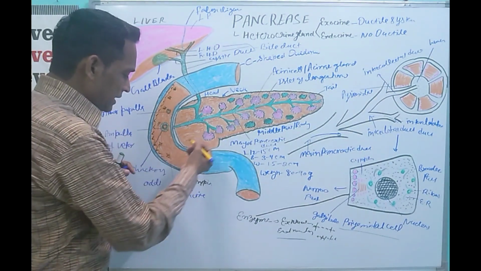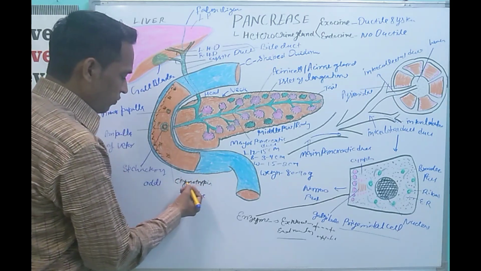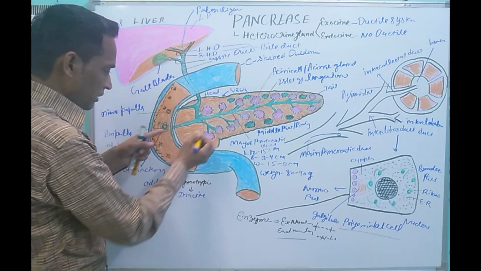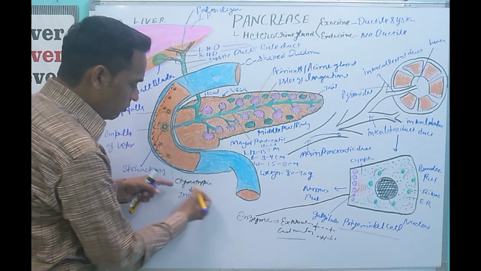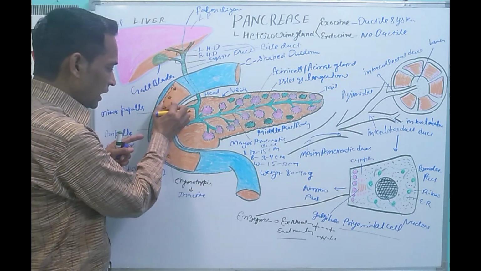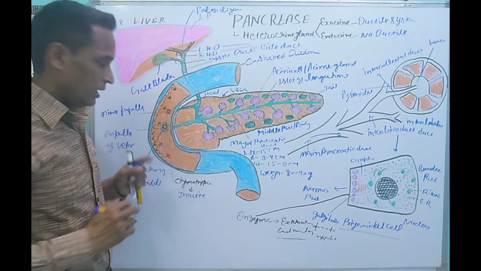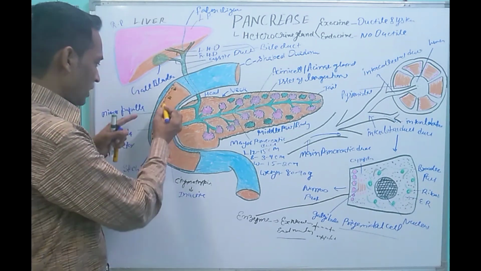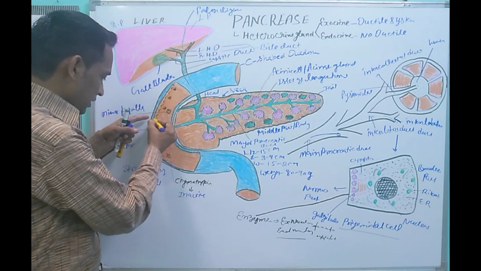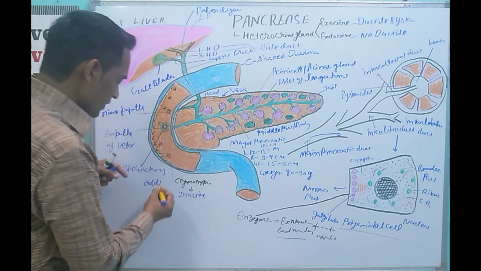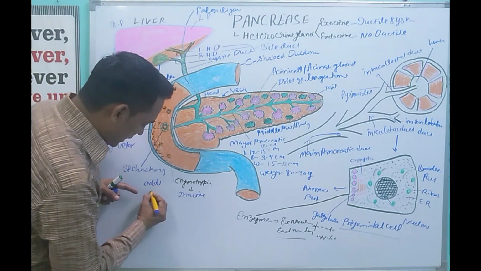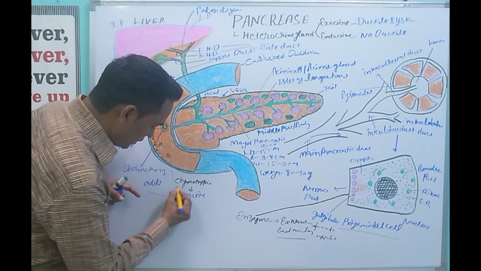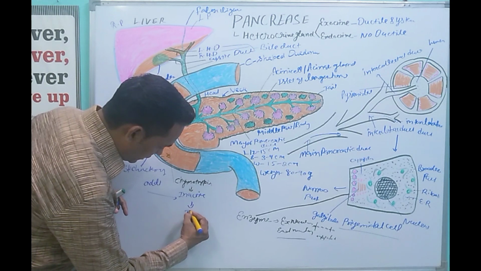So the pancreas releases the inactive form of the pancreatic juice, which has the chymotrypsin, into the lumen of the duodenum. And the lumen of the duodenum has mucus cells surrounding the wall of the duodenum, which release a secretion that activates the enzyme chymotrypsin into trypsin.